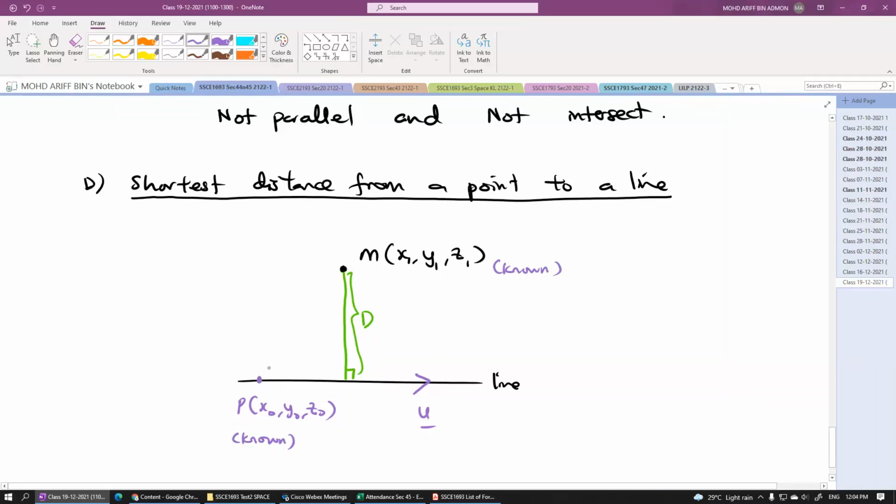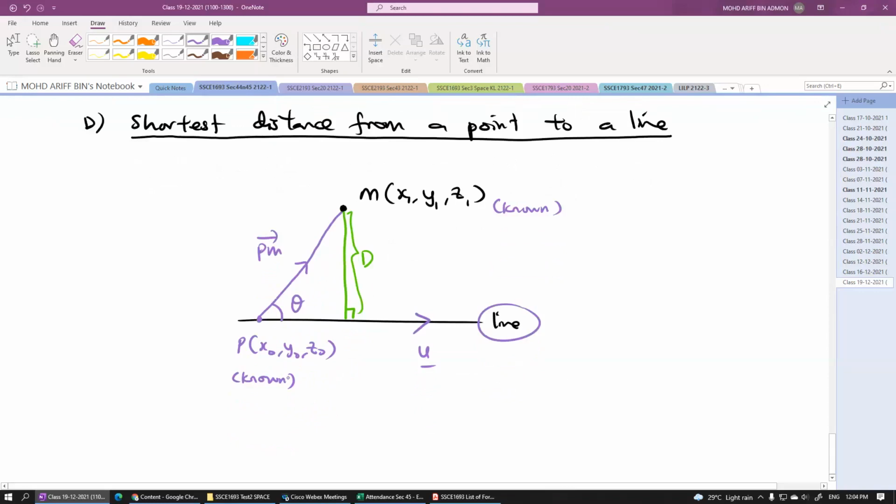So basically you can find the vector PM, for example. Let's say this line PM and this original line provide you the angle theta here.